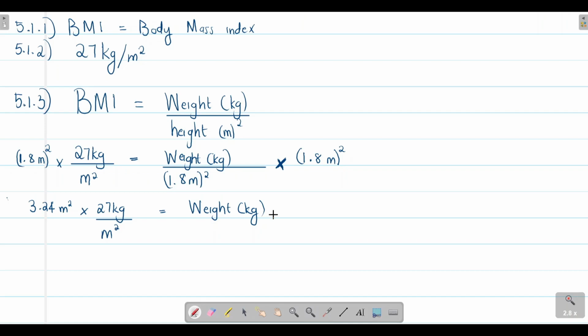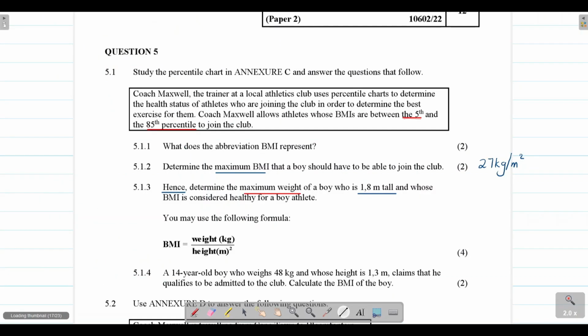You'll find that the weight of a healthy boy athlete who has a height of 1.8 meters and a BMI of 27 kilograms per meter squared is equal to 87.48, and the units for weight is kilograms. And we are basically done with question 5.1.3.